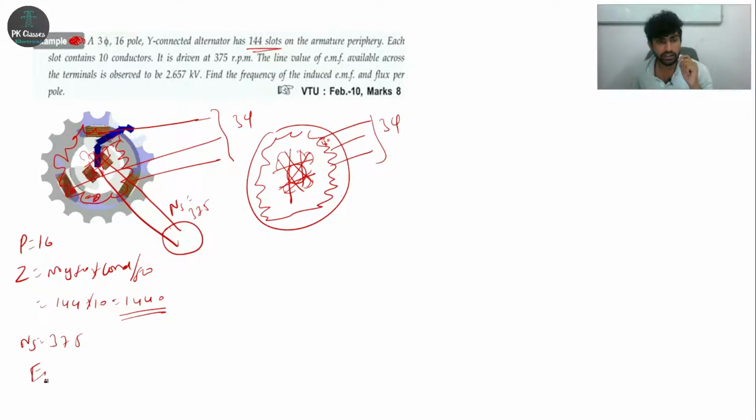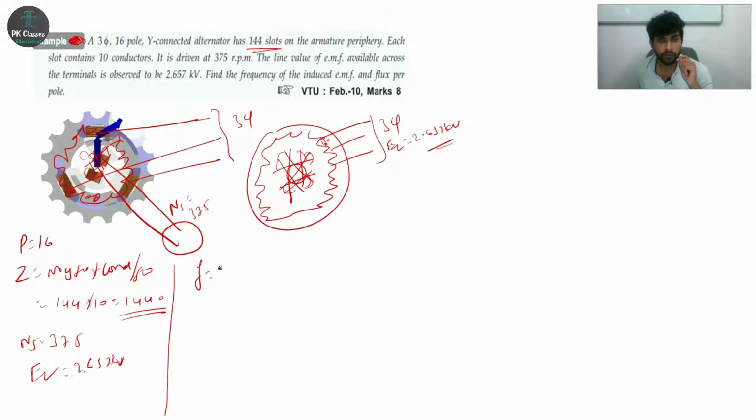So EL is given on the output side: EL is equal to 2.657 kilovolts, the output of the 3-phase synchronous generator. Find the frequency of the induced EMF. We need to calculate the frequency and the flux per pole.